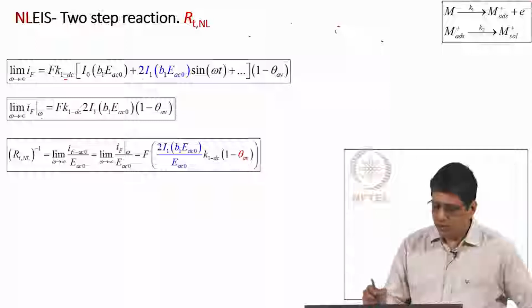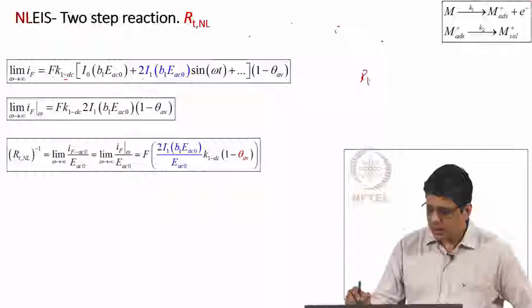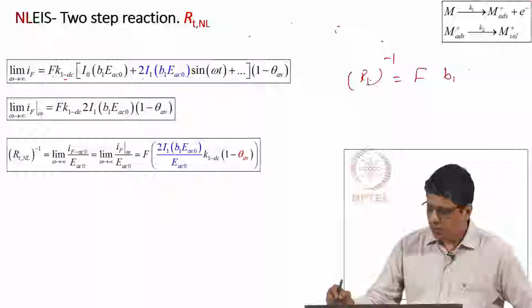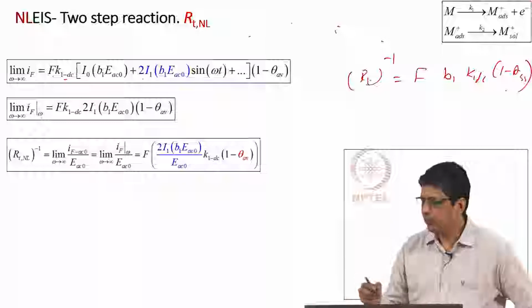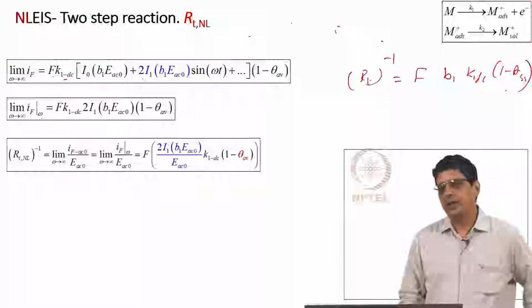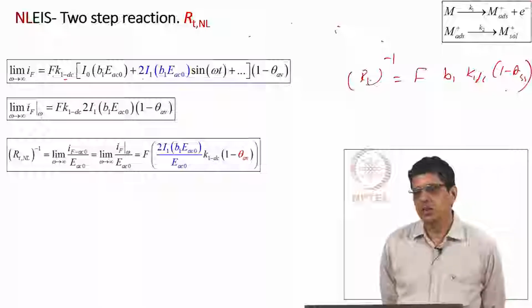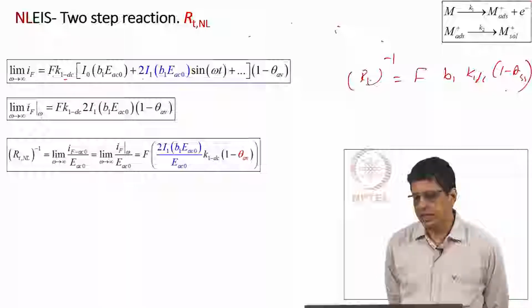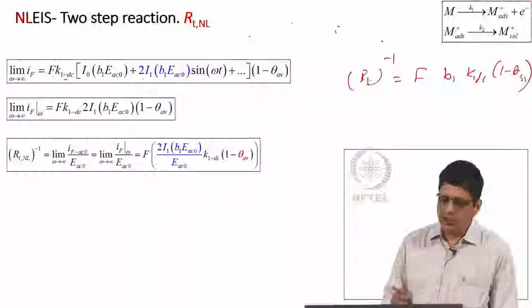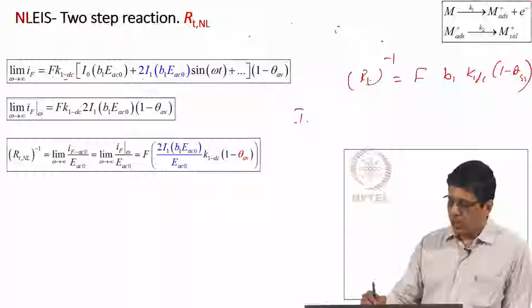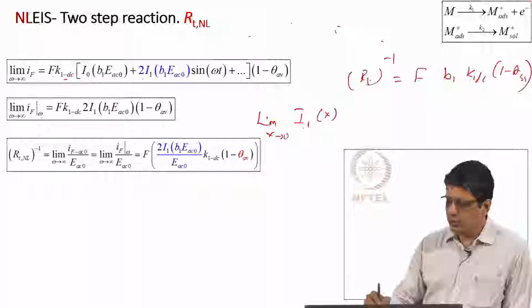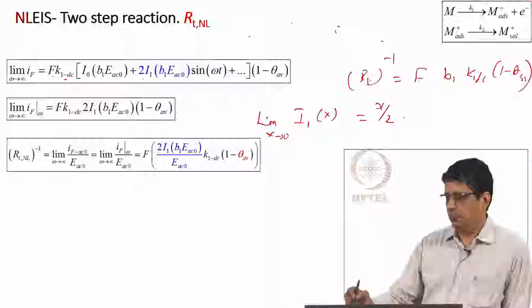So, earlier we would have got an expression saying R T inverse is f B 1 k 1 d c 1 minus theta s s. Now, when EAC is small, theta average is going to be roughly theta s s, and this value I 1 of x under the limit x tending to 0 is going to be x by 2.